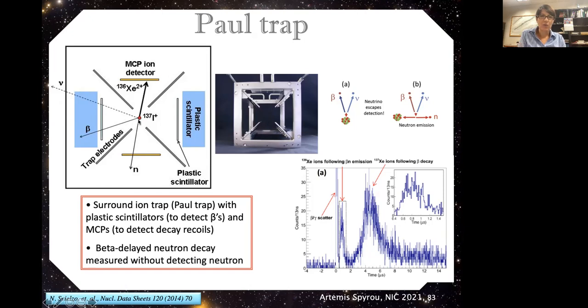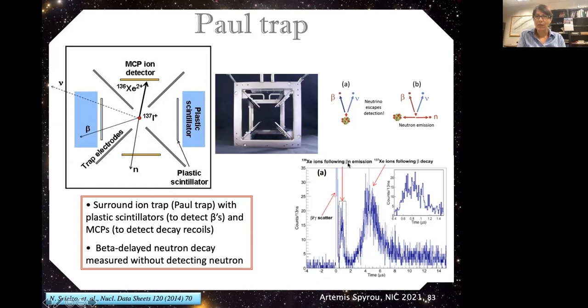But the fact that the neutron is emitted kind of gives a little kick to the recoil nucleus. And so this recoiling nucleus will travel and will hit one of your detectors. If there was no neutron emitted here, then this nucleus would not have such a kick and it would just travel there slower. So you just measure a time of flight in the end. This is time, just counts for exactly this case here.